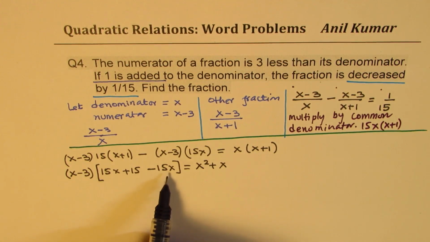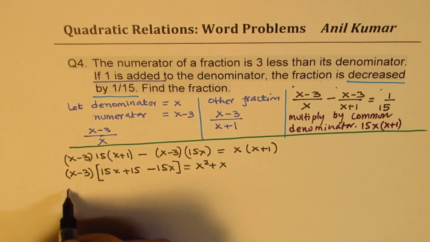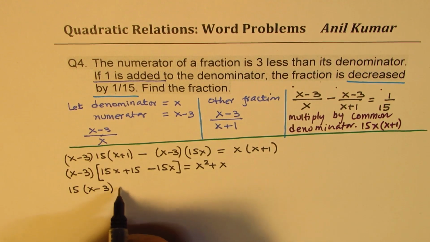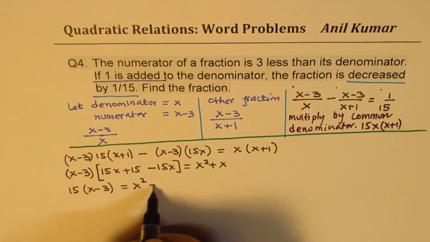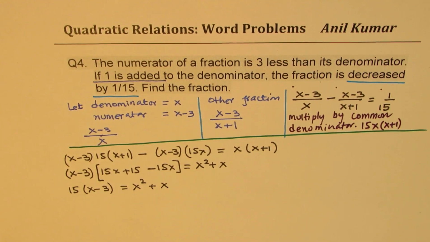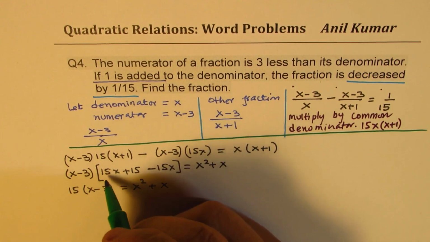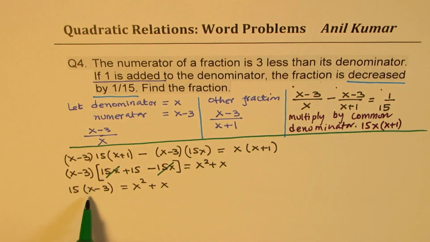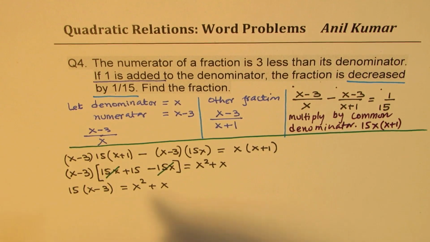15x and minus 15x cancel, so we just multiply this by 15. So we get 15 times x minus 3 equals x squared plus x. Much simpler, right? As you can see, plus and minus cancel. Only by 15 we have to now multiply, and then we have to take all the terms to one side.